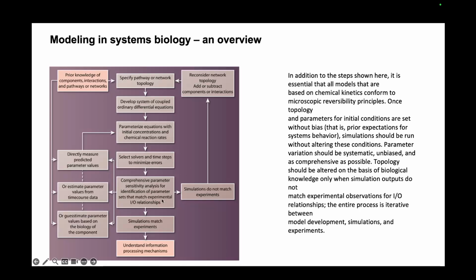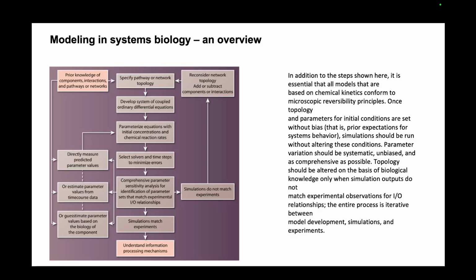Then you basically do a simulation or parameter estimation, and then you understand information processing mechanisms. But at this position where you are determining the parameters and solving the equations, depending on different parameters, you'll get different results.